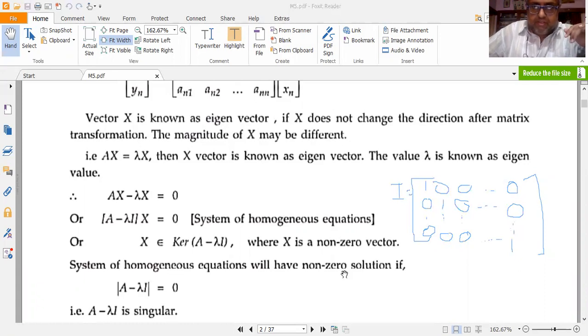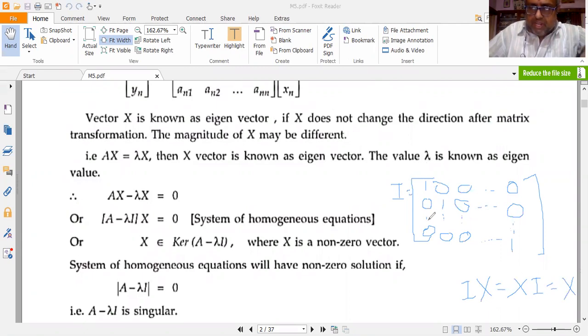Let me write that also. So if I multiply I into x or x into I, I get x itself.